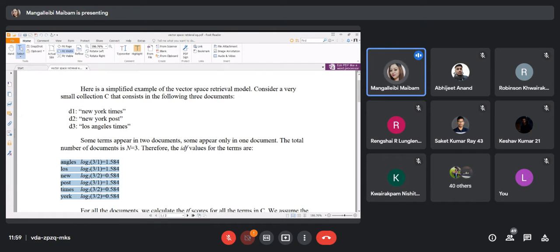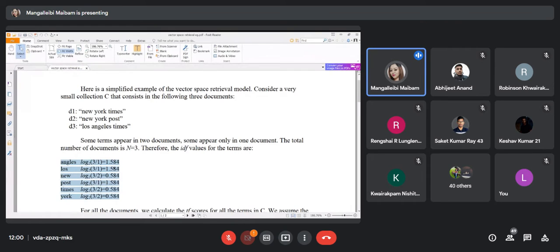The normal IDF value which we have just seen, you have to find using log base 10. That is our normal way of calculation. Then for finding the similarity, you have to use log base 2. So with log base 2, I have calculated all the IDF values for all the terms here.